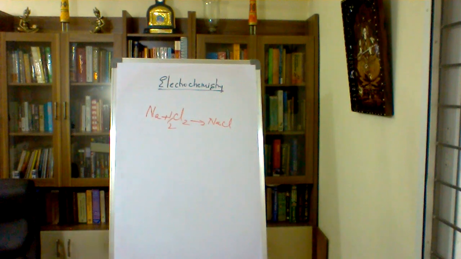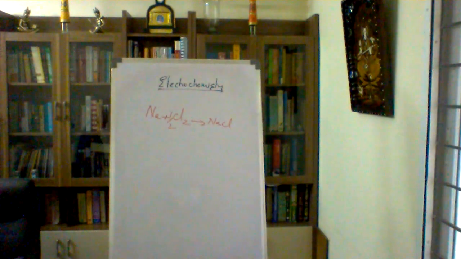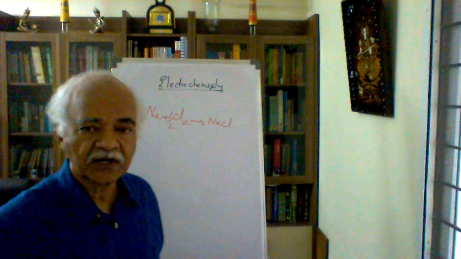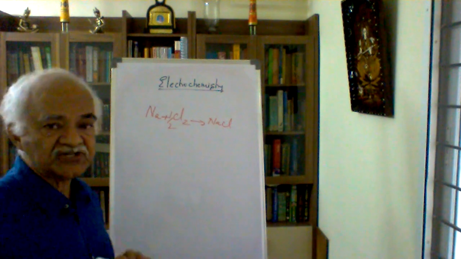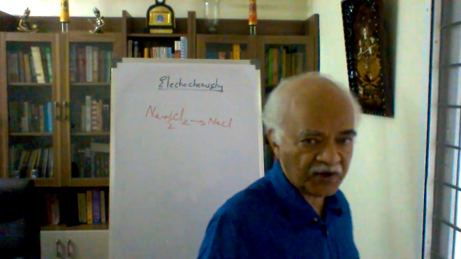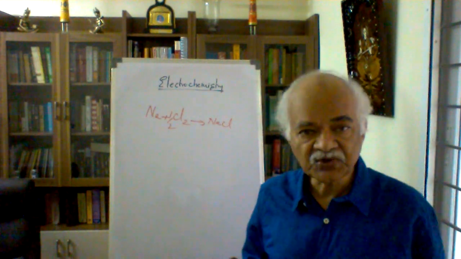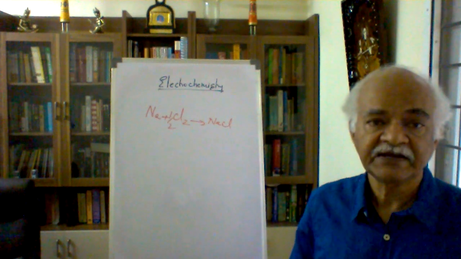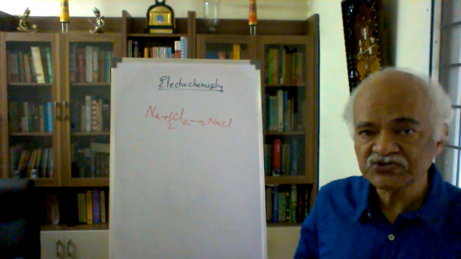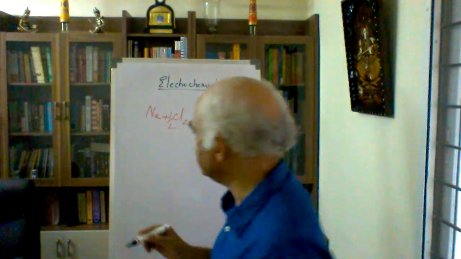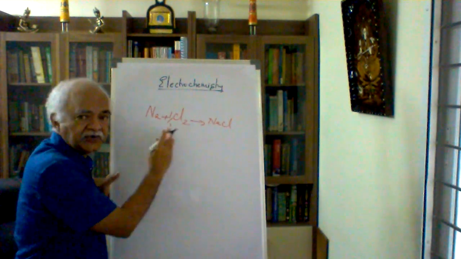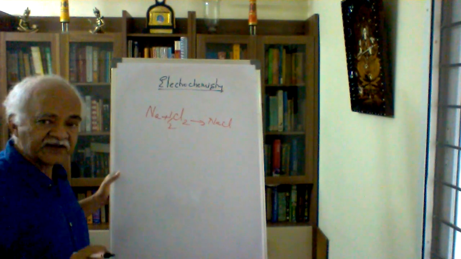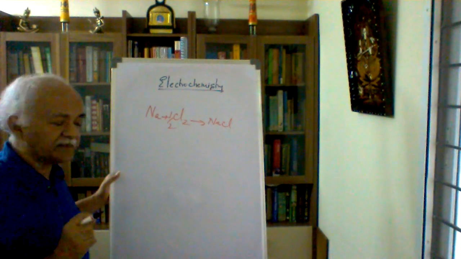Now in this reaction, I have taken sodium. I want to monitor the change that sodium has undergone, and also the change chlorine has seen as they are getting converted to sodium chloride. We try to monitor the reaction atom to atom with reference to what is called the oxidation number.